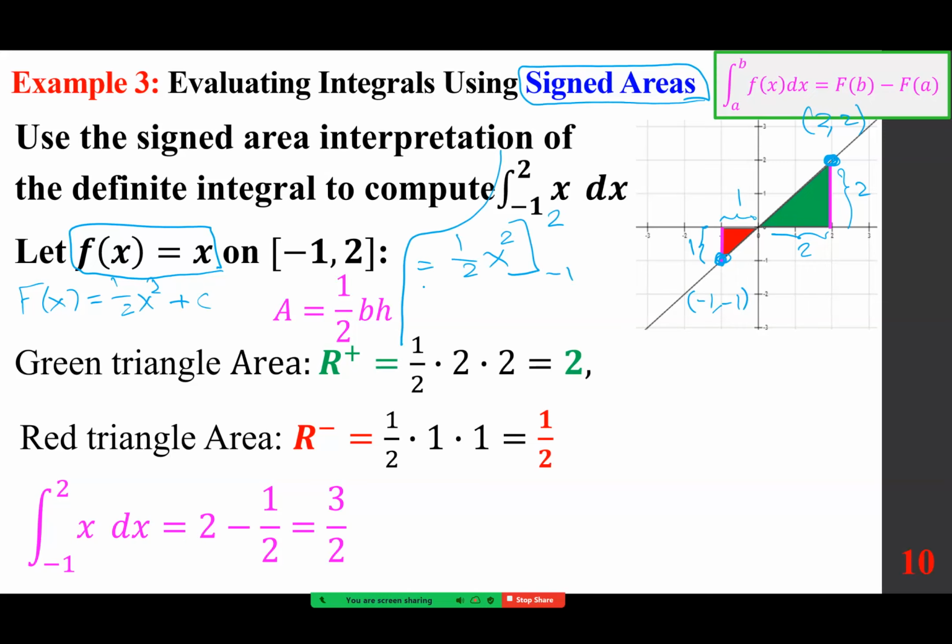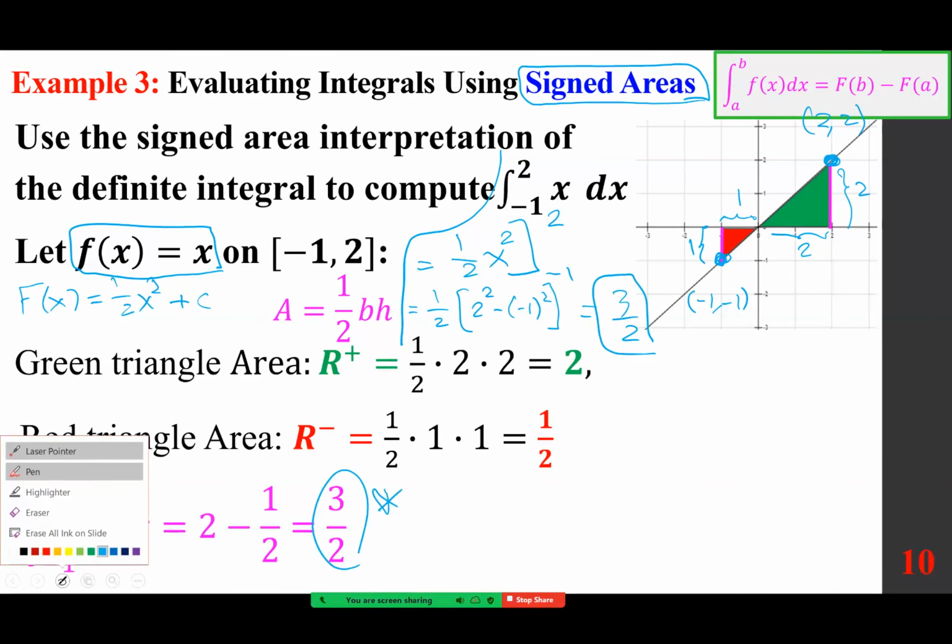So what we have is half of 2 squared minus -1 squared, and I hope you see 2 squared is 4, -1 squared is 1. Subtract that, you get 3, and the answer is 3/2. So you do get the same answer, everybody.